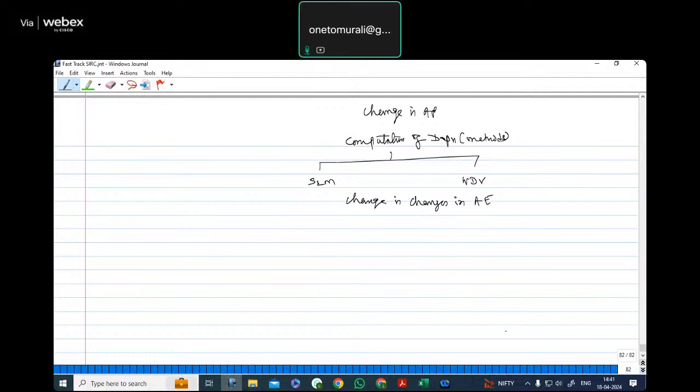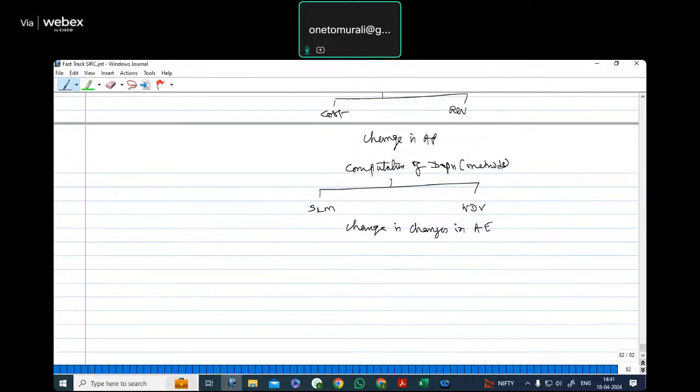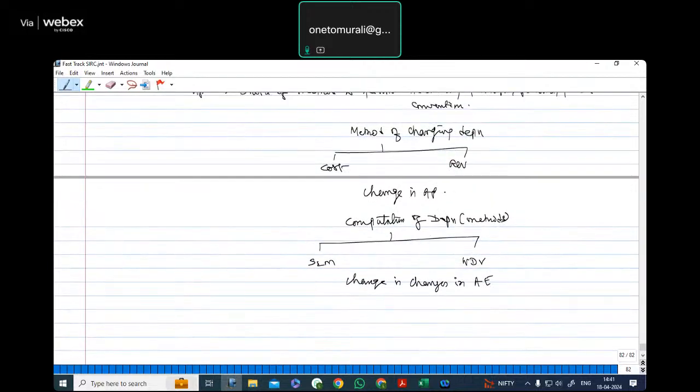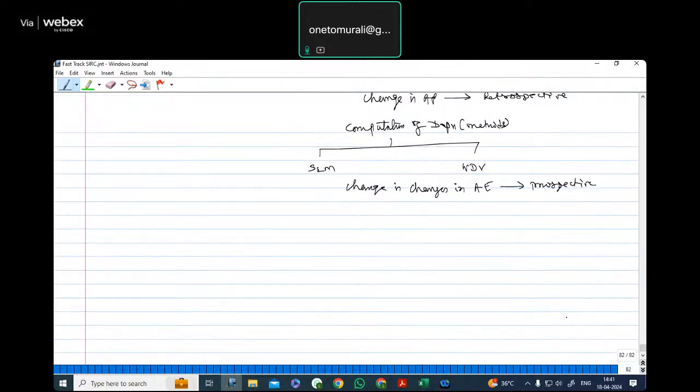I'm just giving you a fair idea about what you need to do. When there is a change in accounting policy, you should do it on a retrospective basis. Whereas changes in accounting estimates, you will do on a prospective basis.